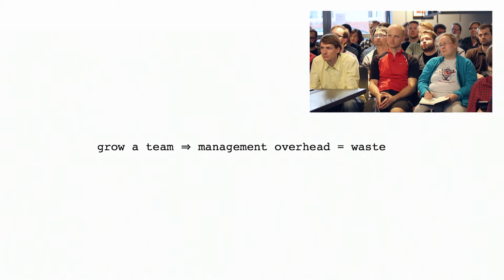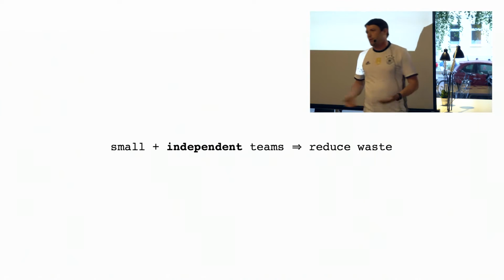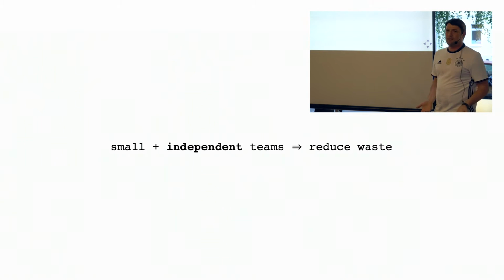And so the basic idea is that we want to get rid of that. What all the agile people have been telling us for some years now is: build small teams and let them be independent.